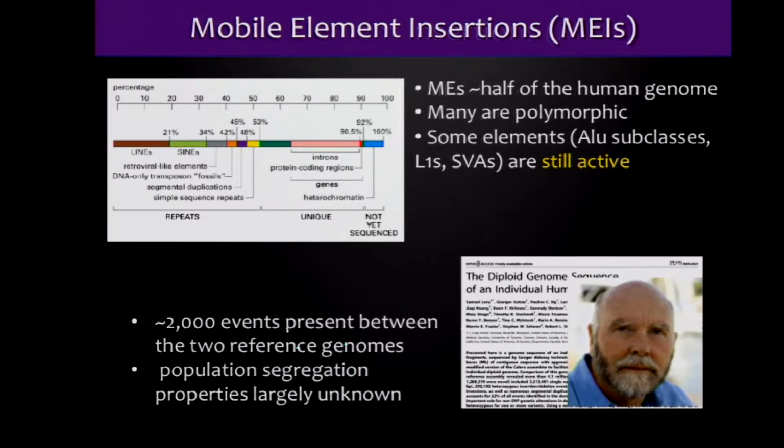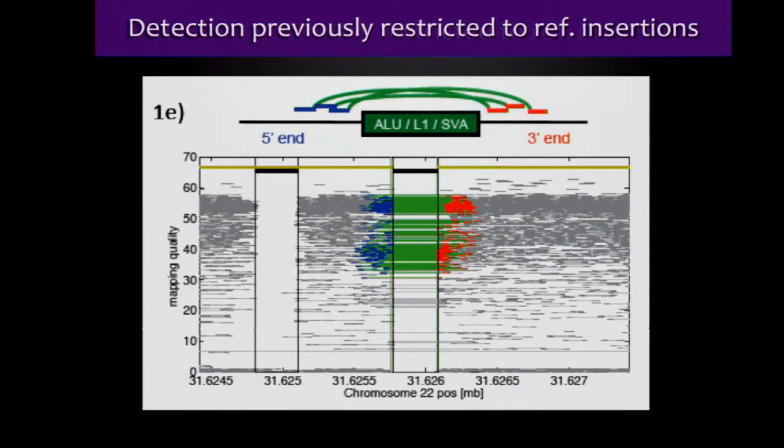And when we started this study, we didn't quite know what the population genetic properties of these elements were. Do they segregate like SNPs or some other way? The funny thing is that you could actually detect some of these mobile element insertions in a reverse way, because the human reference sequence in fact includes some polymorphic insertion alleles.